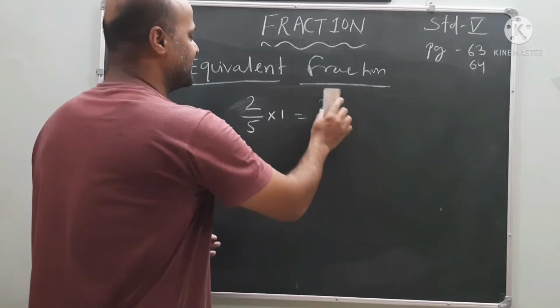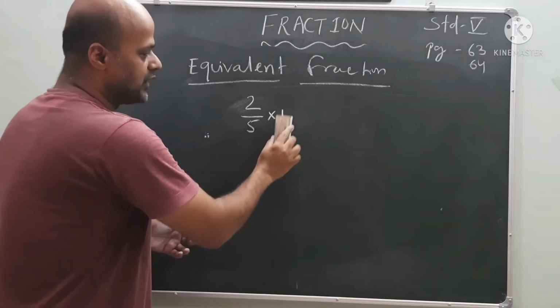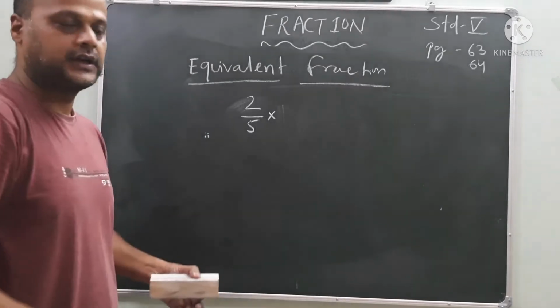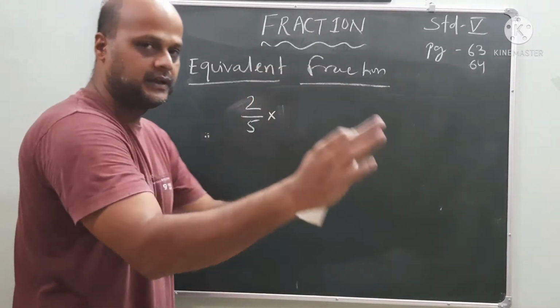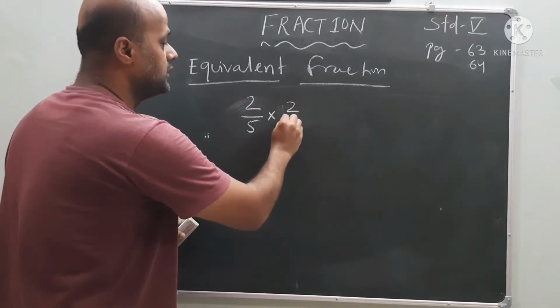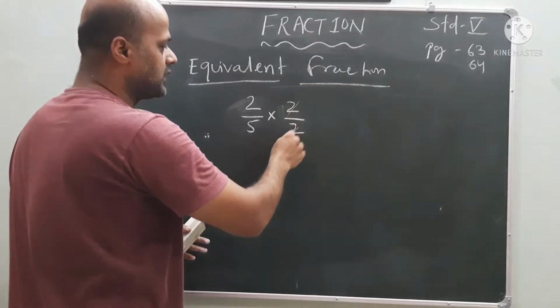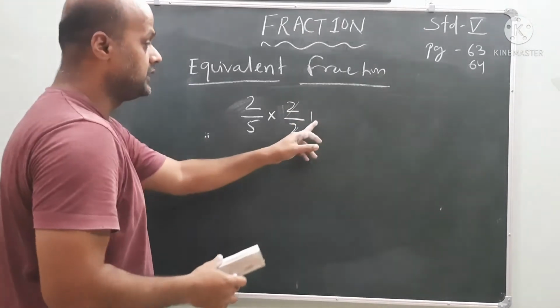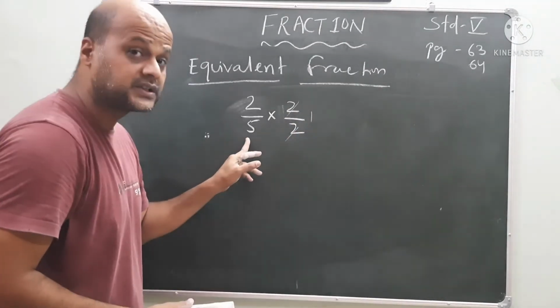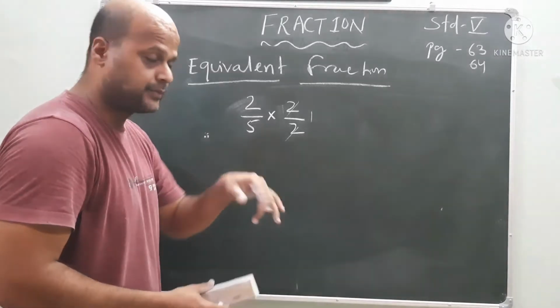So here, 1 means what? You can multiply any number with this one, but the numerator and denominator must be the same. If I cancel this, 1 will come or not? So any number multiplied with 1 gives the same number.